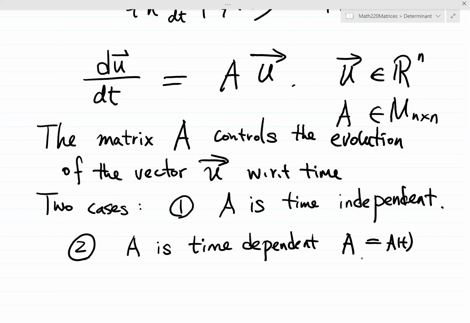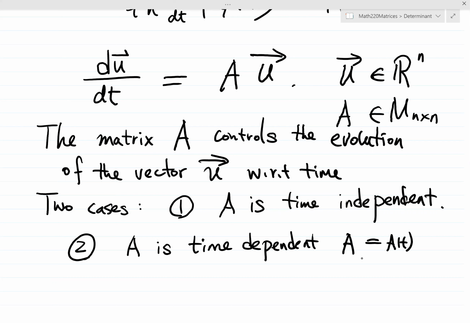The idea to solve the second case is that we choose a small time interval and view A as constant, viewing that the matrix does not change too much, and use equation 1 to solve.